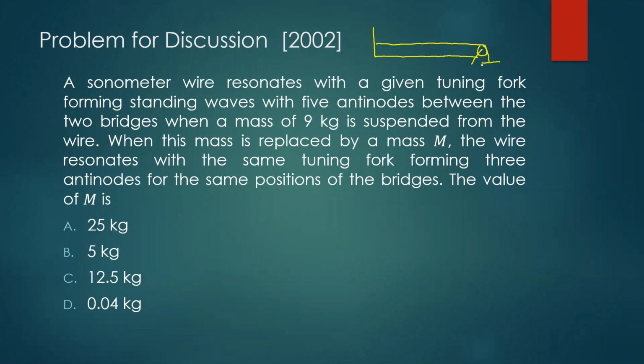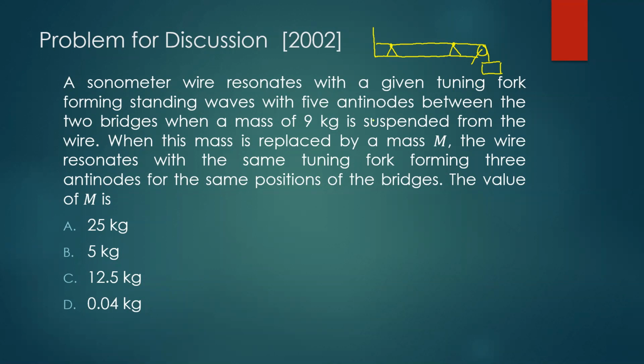Then you can hang weights at the other end. Now they place two bridges here. The wire is going to vibrate in one of the harmonics between these two bridges. The weight that you keep here provides the tension in the wire.